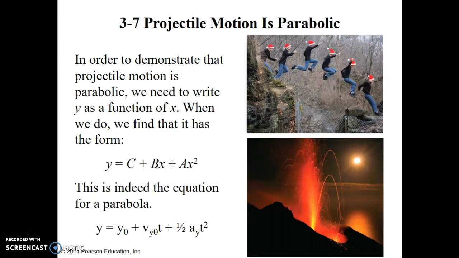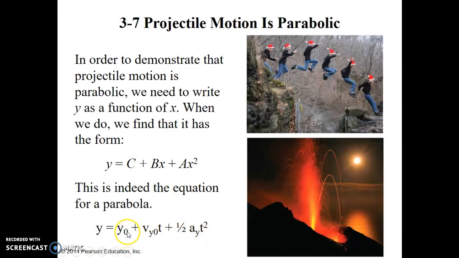I've just rearranged the terms here in this slide, but it is exactly the same equation. Now, this a, b, and c will depend on the situation you're looking at. In this case, we're talking about projectile motion, and so we can find an equation where we have an a, b, and c already substituted in. We've actually already learned that.